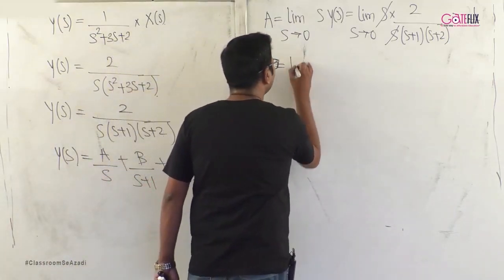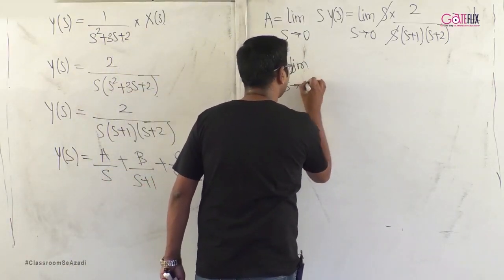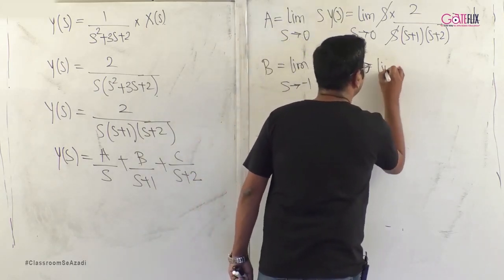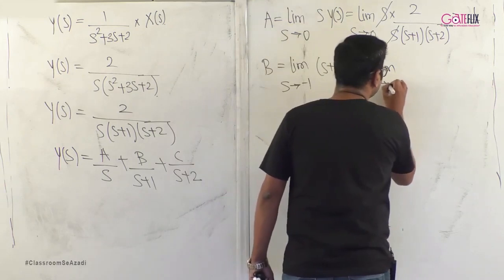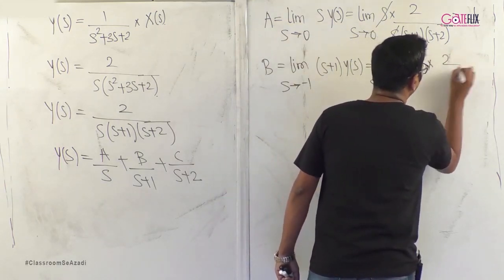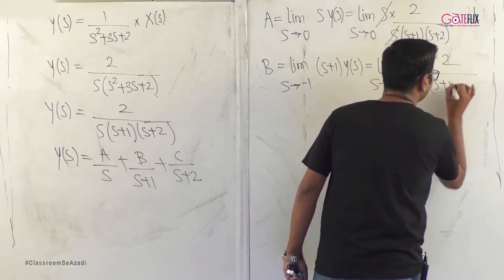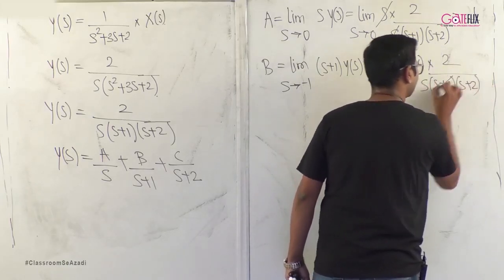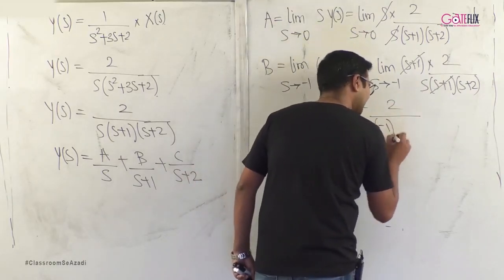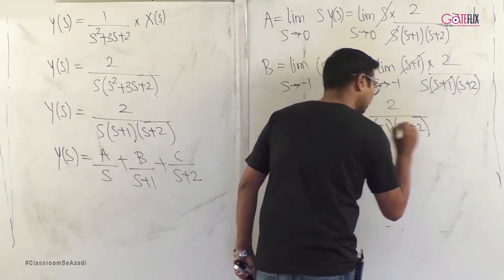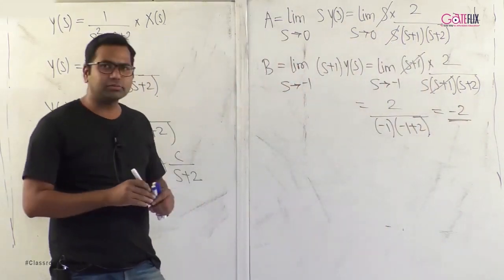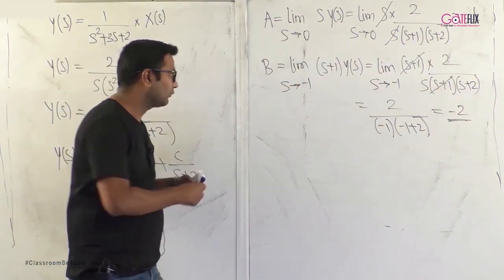Similarly, we find the value of B. B will be limit s tending to minus 1, (s+1) into Y(s). So limit s tending to minus 1, (s+1) into 2 upon s(s+1)(s+2). Therefore, this is 2 upon minus 1 into minus 1 plus 2. So B comes out to be minus 2.